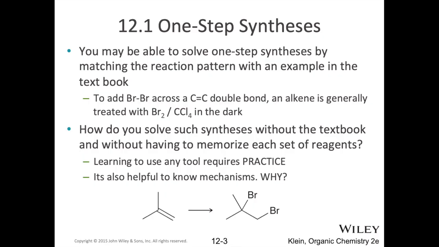You use carbon tetrachloride to make sure it's only bromine reacting, so you avoid a hydrohalogenation reaction, and you do this in the dark to avoid any radical byproducts forming.